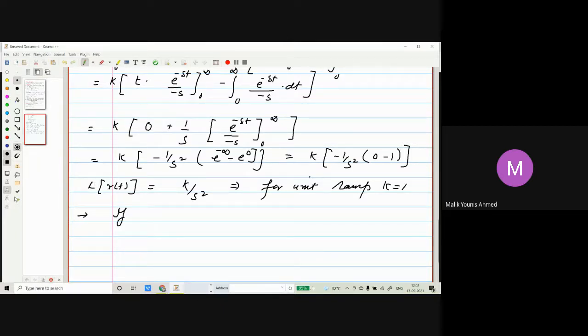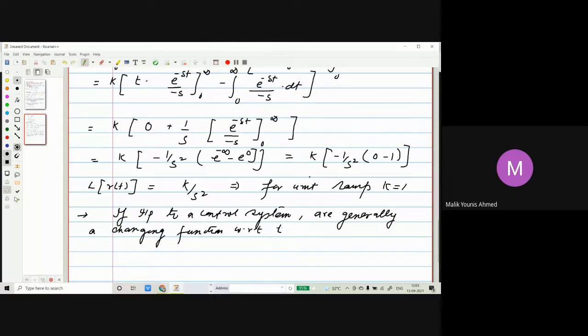So a ramp function is a suitable, good test signal.